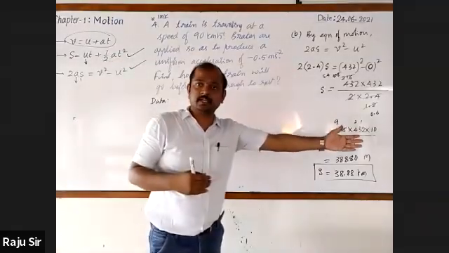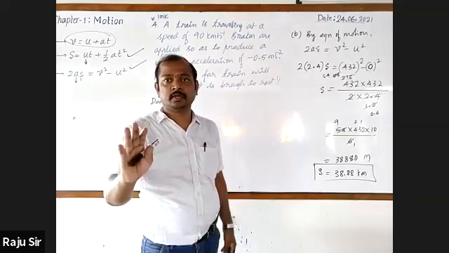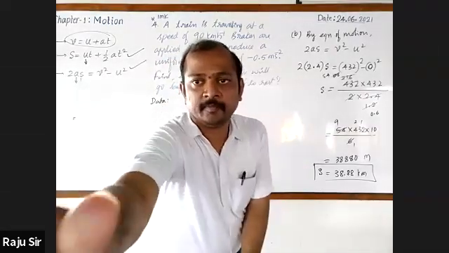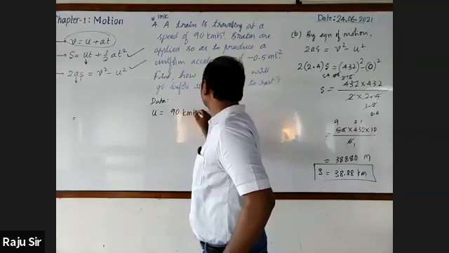It is the speed with which the train is moving, nothing but its initial speed. Got it, Rakshita? Yes, sir. Right. Initial speed u is equal to 90 kilometers per hour.